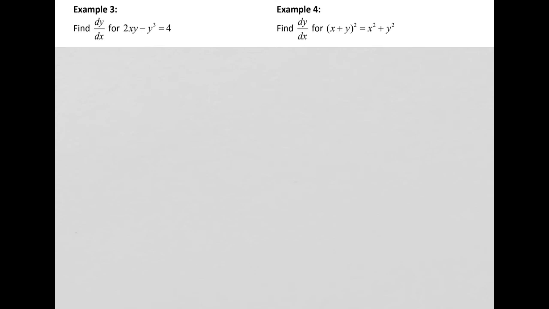U prime, which is 2, and you are differentiating the x term, dx over dx, which is 1, we don't need to write it, times v plus 2x times the differentiation of y, which is 1, but you're differentiating the y term with respect to x, minus y cubed, the differentiation 3y squared, you're differentiating the y term with respect to x, equals the differentiation of 4, which is 0.